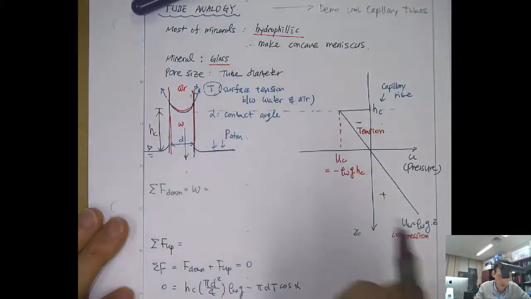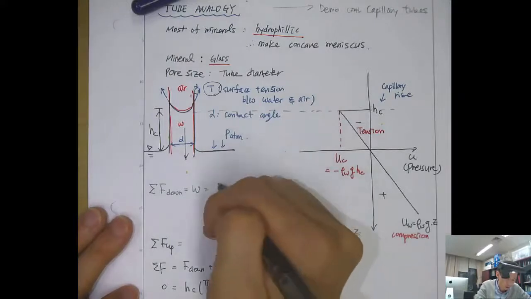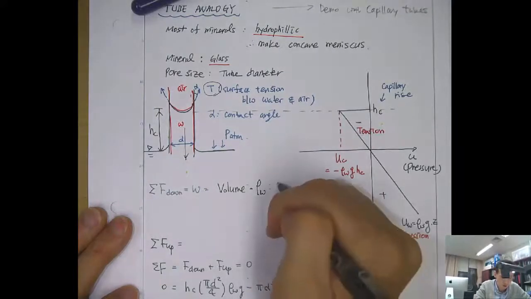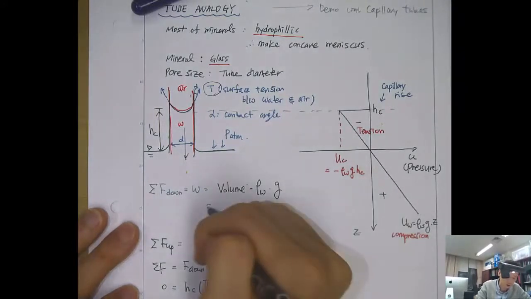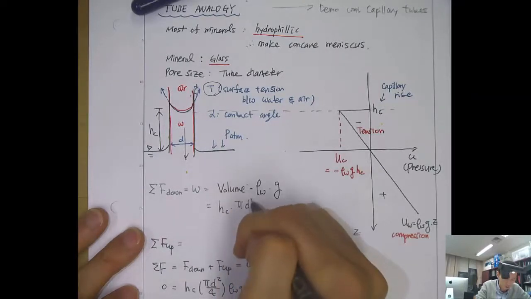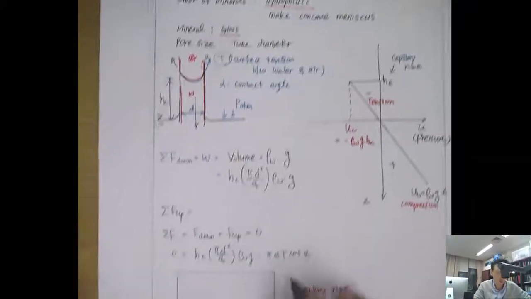like bring it down in the direction of the gravitation, volume of water times water density times gravitation. So then hc times pi d square over 4 times rho w g.